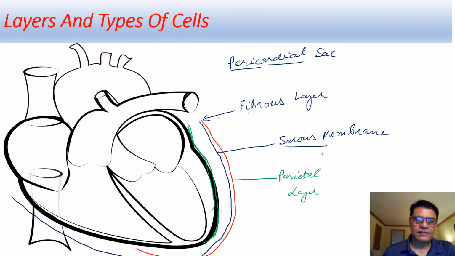Truly speaking, this is actually the epicardium, the outermost layer of the heart. The serous membrane produces a serous fluid of yellow, straw color, that is called pericardial fluid, and it's about 50 ml in volume.